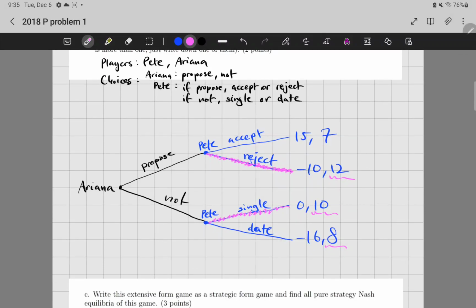We've already established that if Pete gets the choice, he will either choose reject and get a payoff of 12, or stay single and get a payoff of 10. Now, for Ariana, we need to compare the payoffs of -10 and 0. And because 0 is greater than -10, we can know that Ariana will most likely choose not to propose.